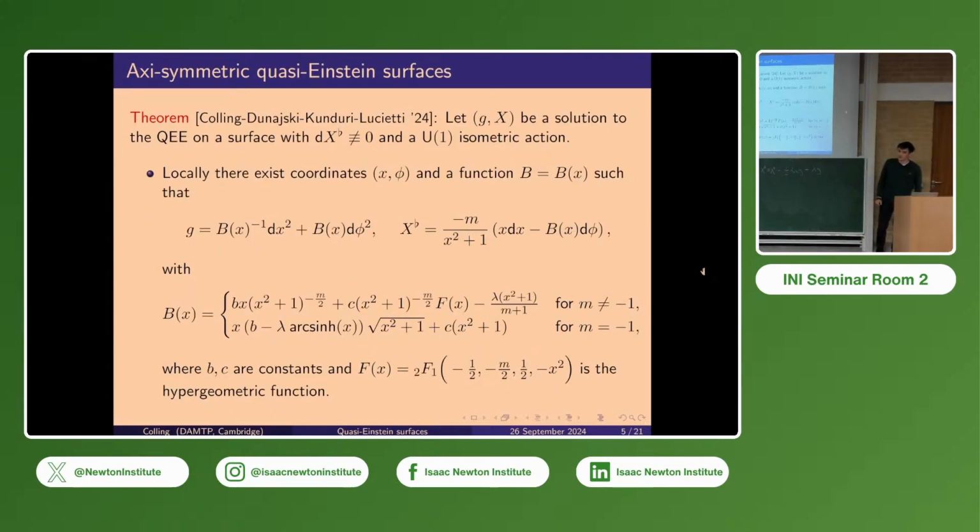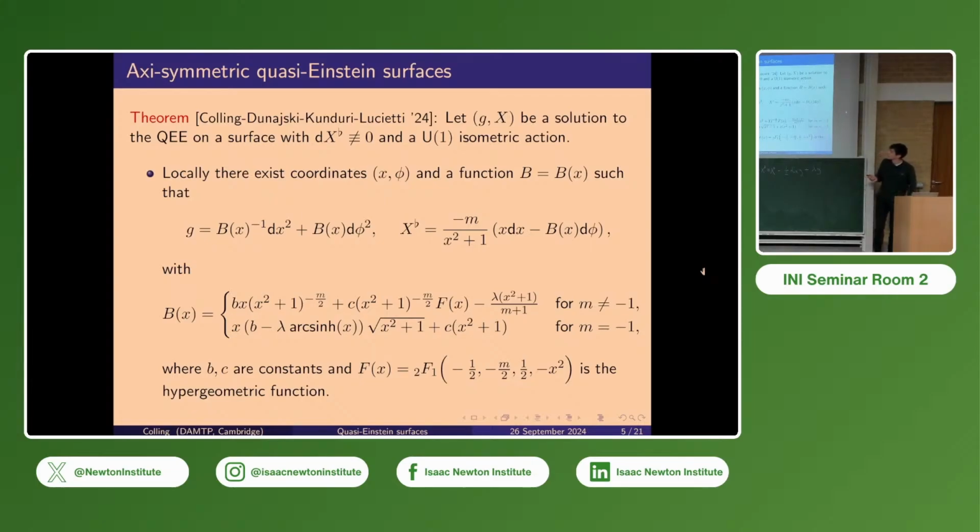So I come now to the main result of this preprint. If we have a solution admitting a U(1) isometric action such that the one-form dual to x is not closed, then we can in fact completely solve this quasi-Einstein equation. Locally, there exist some coordinates x and phi adapted to this U(1) action, together with a function b, which is the norm squared of the Killing vector, such that the solution takes this form.